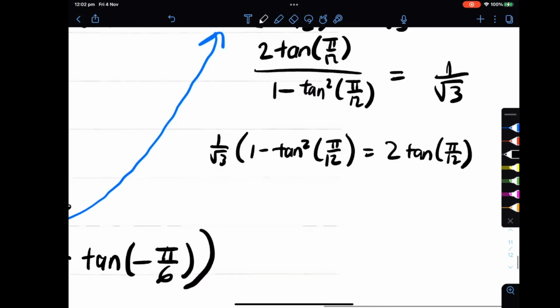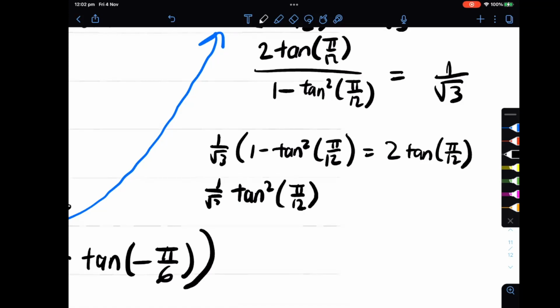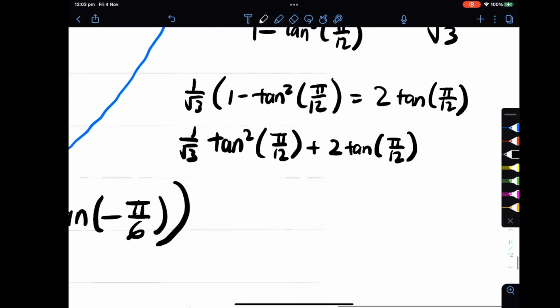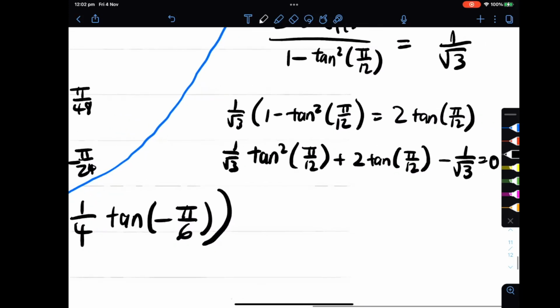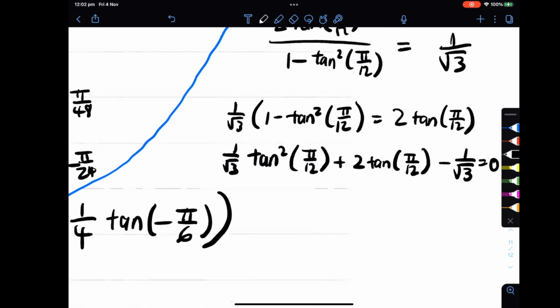And if we rearrange a bit, we get tan squared of pi on 12 times 1 on root 3, plus 2 tan of pi on 12, minus 1 on root 3 is equal to 0. That's what it looks like anyway. So for tan of pi on 12, we'll use the quadratic formula.